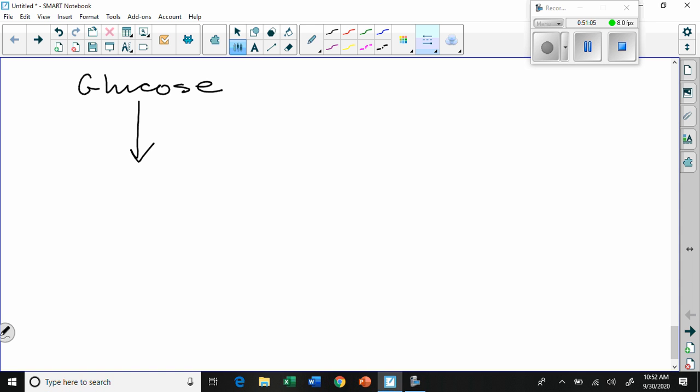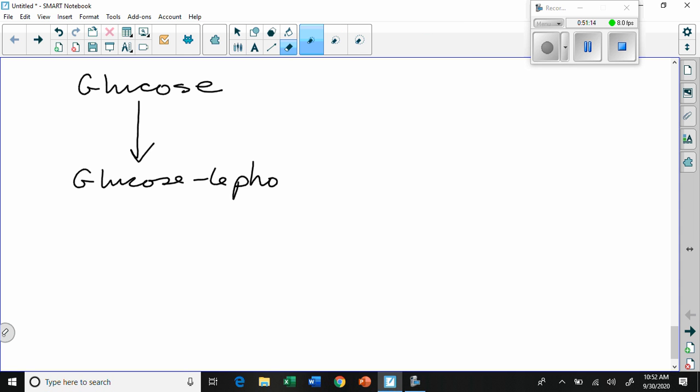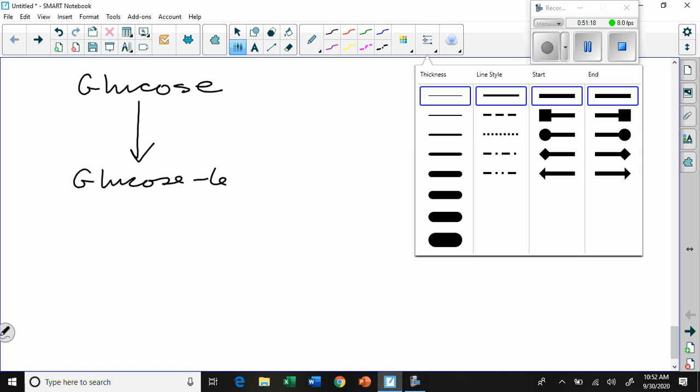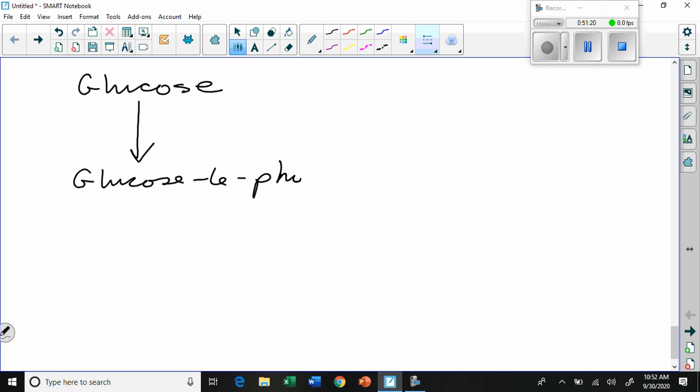Glucose, which then becomes glucose 6-phosphate. Oh, sorry. Got a mess here. Fix that. Glucose 6-phosphate. Okay? We won't write the enzyme. Well, maybe we'll write the enzymes in at the end.